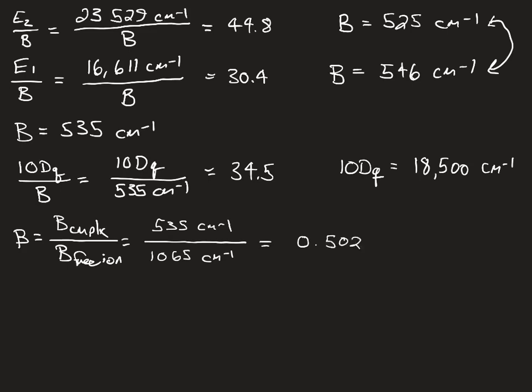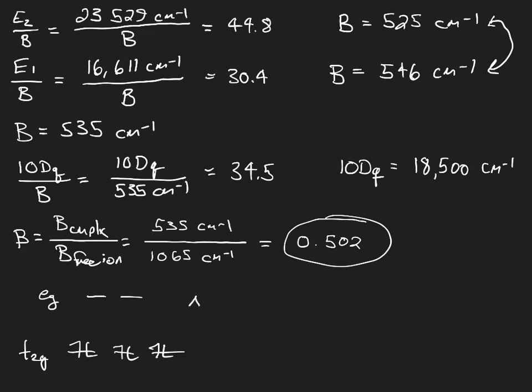So this equals 0.502. So the electron cloud is fairly largely expanded relative to the free ion, reflected in this small value that we calculate for beta. So there's a lot less electron-electron repulsion in this complex relative to the free ion. And this is the reason that we can have this low spin state for this cobalt 3 complex with a relatively small value for 10Dq or delta O equal to 18,500 wave numbers.